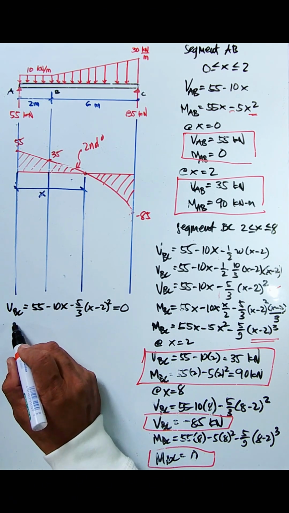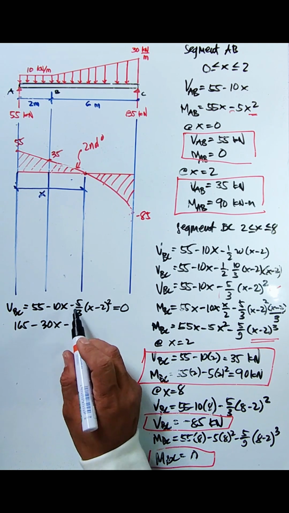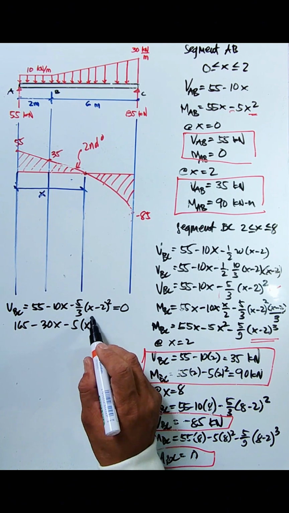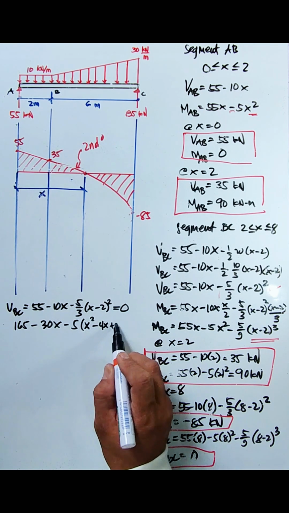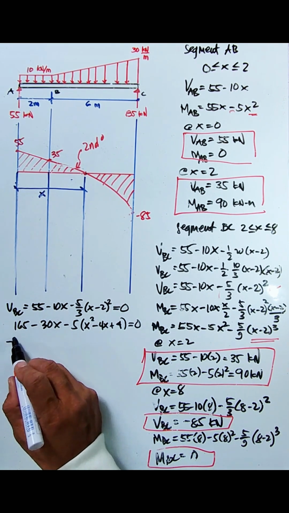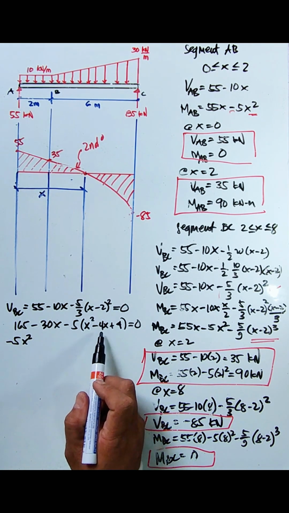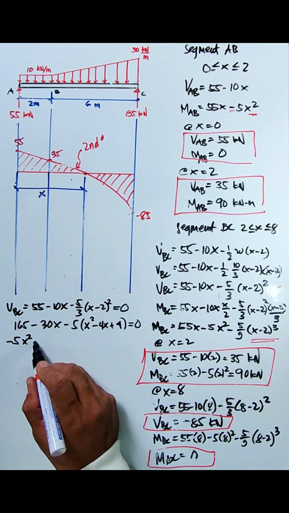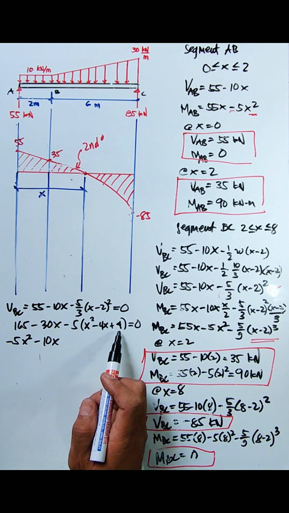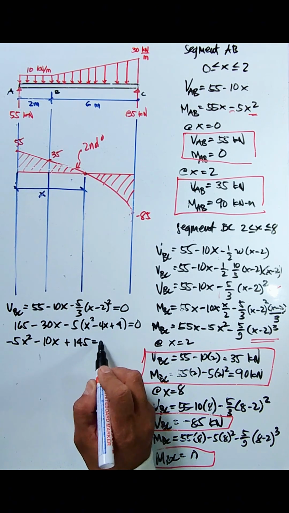We'll have 3 times 55 is 165, minus 30x, minus 5 times, we'll expand this one, (x squared minus 4x plus 4) equals 0. So x squared first, we have minus 5x squared. Then the x terms will be minus 5 times 4 is 20, minus 30 is negative 10x. And negative 5 times positive 4 is negative 20, plus 165 is plus 145 equals 0.